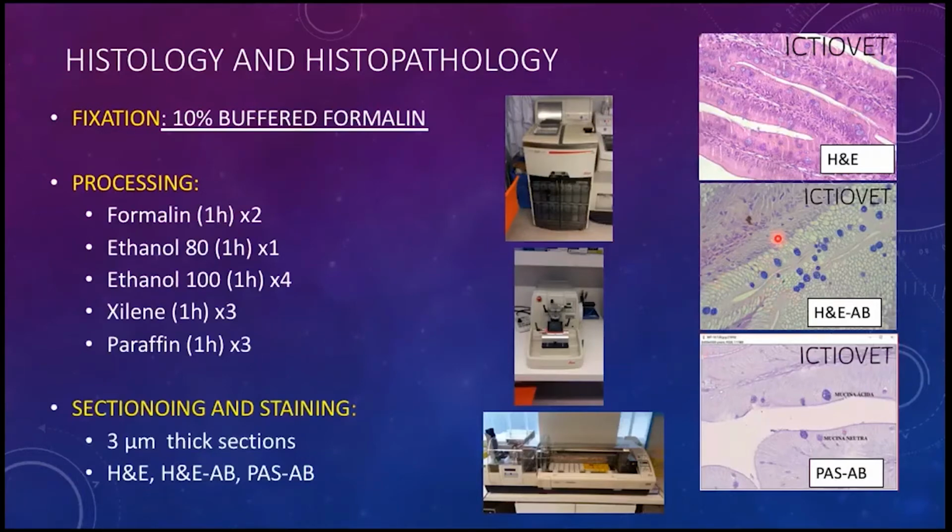Basically, this modified hematoxylin eosin with Alcian blue, and then this Alcian blue periodic acid Schiff, PAS-AB, that also helps to differentiate different types of goblet cells, mucous cells containing different types of mucin, whether they are neutral or acidic.